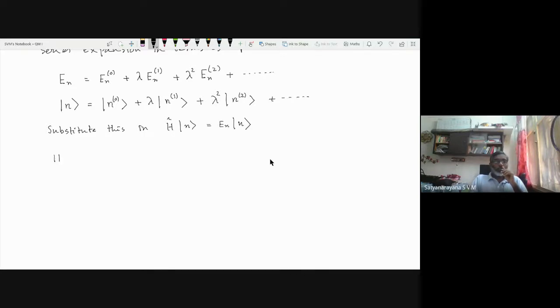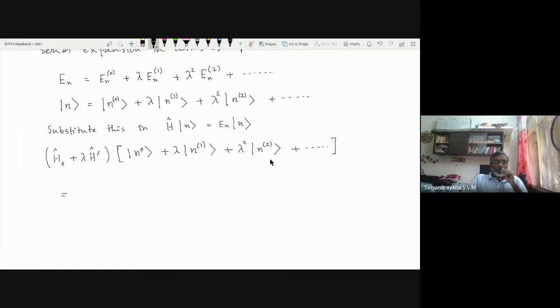H is nothing but H0 plus lambda times H prime, operating on n. But what is n? n is nothing but n0 plus lambda times n1 plus lambda square times n2. This is an infinite series like this.